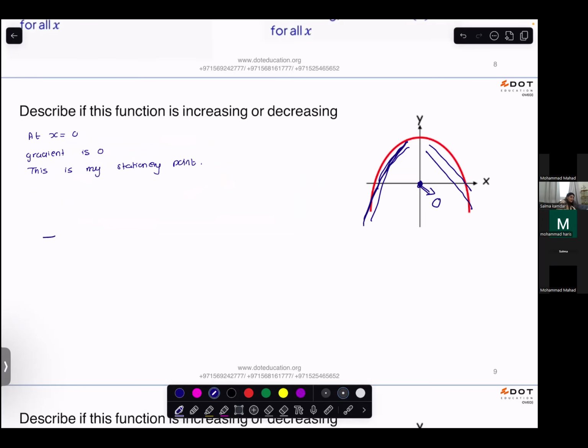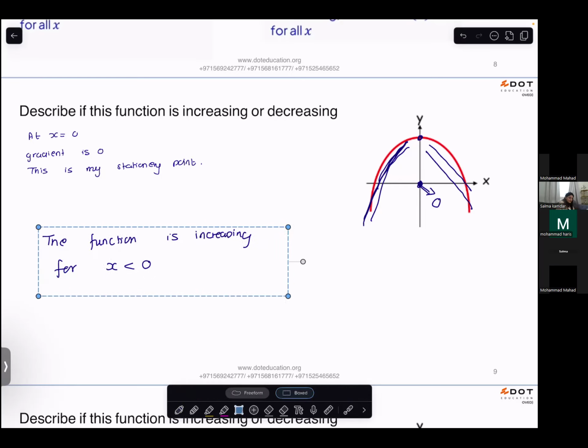I would say the function is increasing for x less than 0, less than or equal to 0. At x equal to 0, it is the gradient, right? It is the stationary point. Yeah, it's a stationary point. Okay.